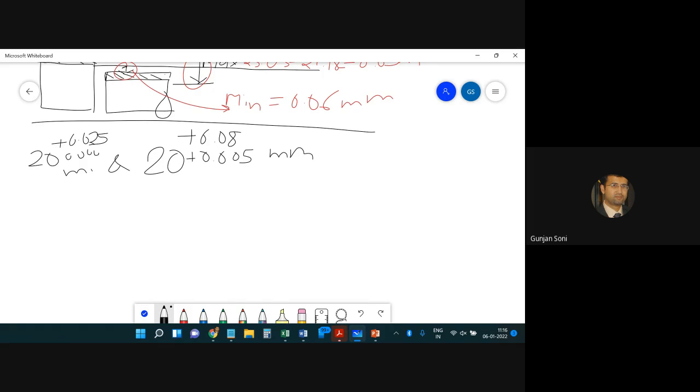Okay, so probably you can just assume that mm is something standard which we'll be using throughout the text. So we have to find out the type of fit. All of you do this and give your answers in the chat box. What type of fit is this?